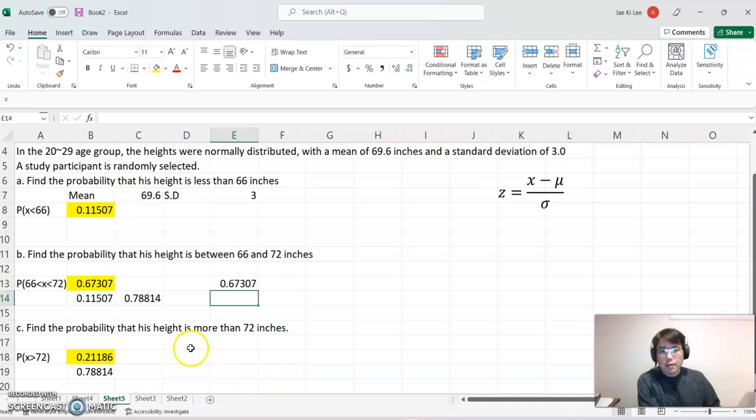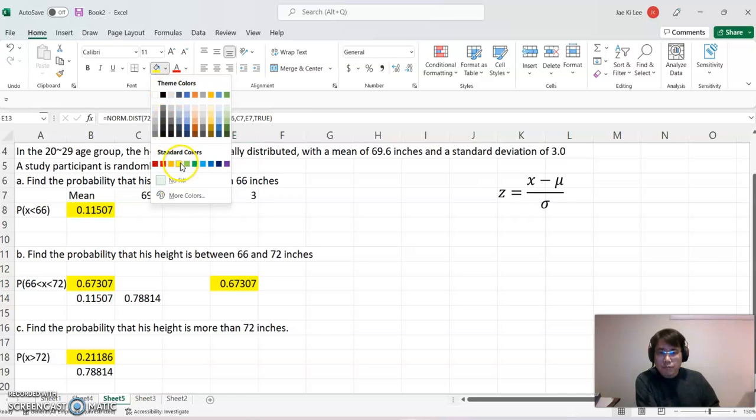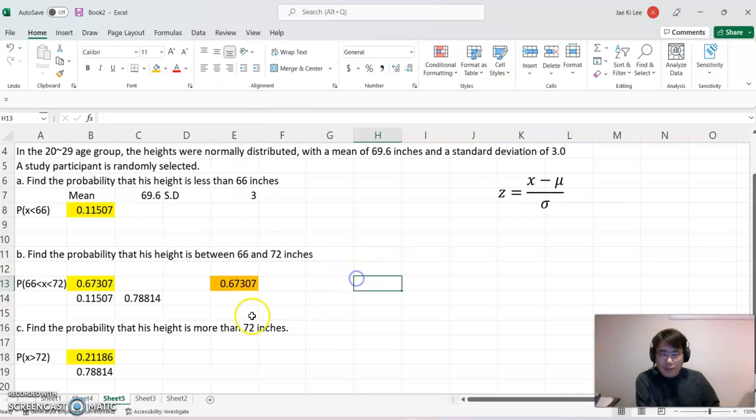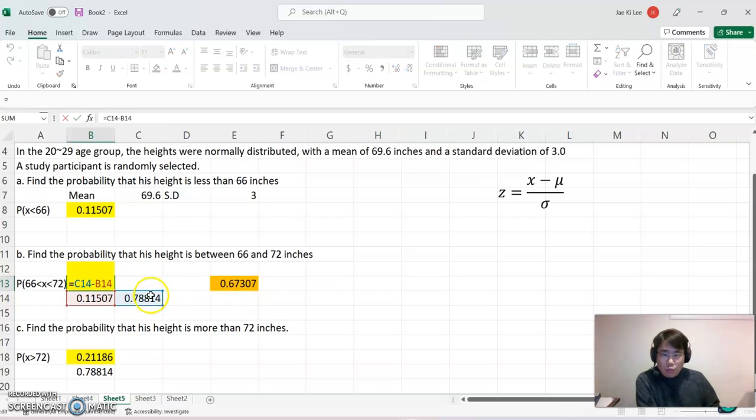Let's compare this answer and this answer. I'm also going to highlight this one for you. Yes, they're exactly the same answer, right? In the earlier approach, after finding those two probability values, we subtract the smaller number from the bigger number.